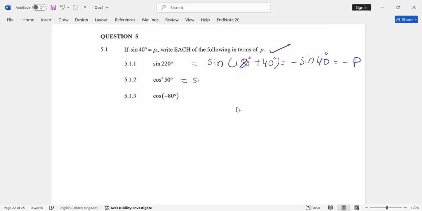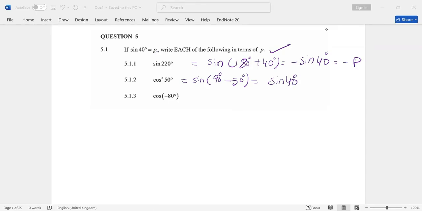Okay, so I'm writing it like that, sine of 90 degrees minus 50 degrees, and then this is equal to sine 40 degrees. And over here we have cos square, so we're taking the square on both sides, so it becomes sine square 40 degrees, that is equal to P square, because sine 40 is equal to P and we have a square on it.